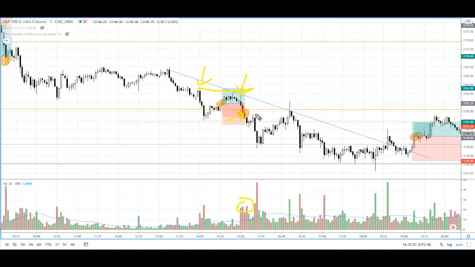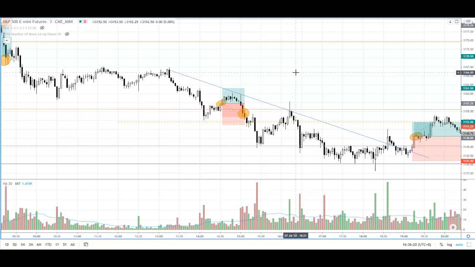So instead of waiting for a full -1 R, I exited earlier. Otherwise it could have hit my stop loss here. So this ended up becoming a losing trade, but I think the loss is minimized to less than -1 R, maybe just -0.6. Okay, so this is the second trade.